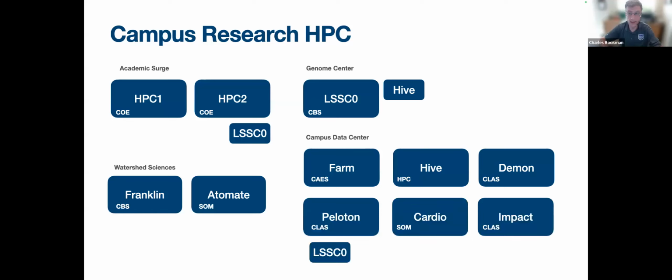So right now, Farm has a sponsored tier for anyone at UC Davis. So if you want an account, I can show you how to get onto Farm. Hive has a sponsored account for anyone at UC Davis. And if you'd like a sponsored account, if you're part of Letters and Science, then you can apply for an account on Peloton. And we handle, I would say, over 700 to 800 different nodes on campus altogether.